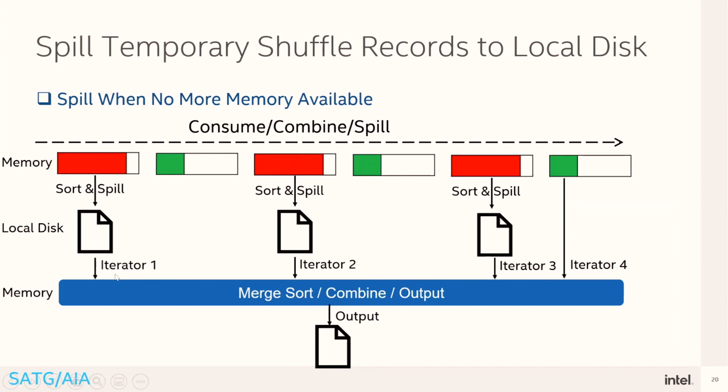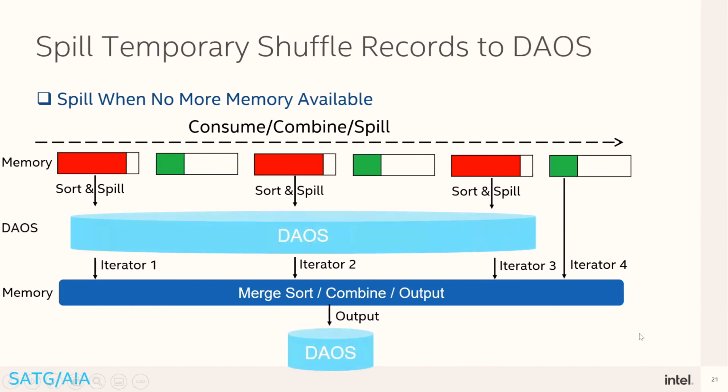After all records are processed, we do a final merge sort, combine all these temporary shuffle records and save them to an output file. For DAOS, we replace the local disk with DAOS. All other processes are kept, just the destination is different.